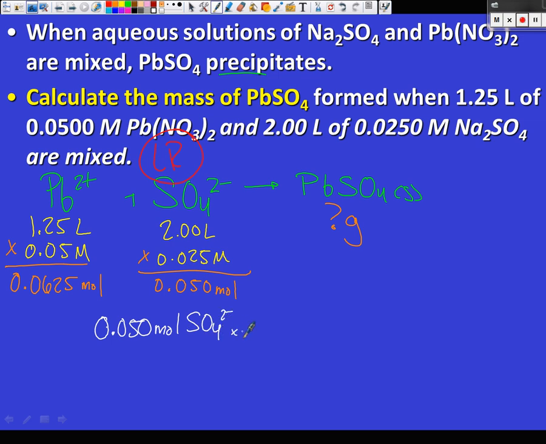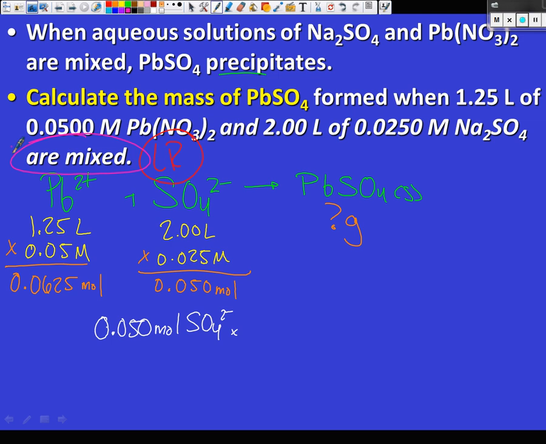Here's what scares me right here. I'm just talking out loud. The reason I don't think this matters when it says mixed is because what am I calculating? What unit? The grams. So does the grams have anything to do with the total volume of the solution?